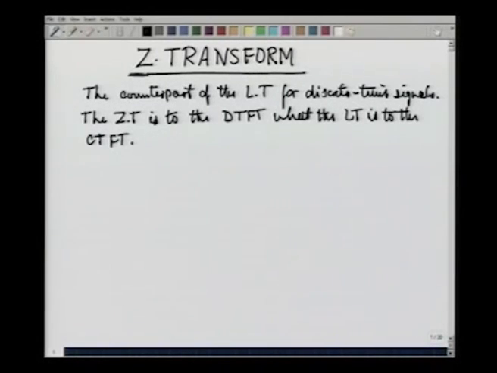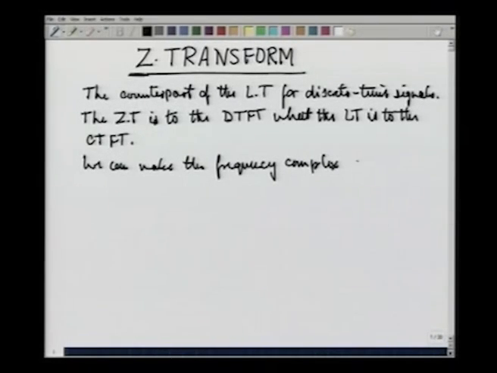The reasons we have invented a Z transform are also similar to the corresponding reasons we gave for the case of the Laplace transform. One way of looking at it is that we can make the frequency complex.